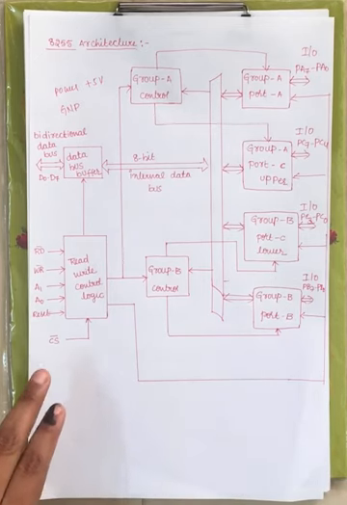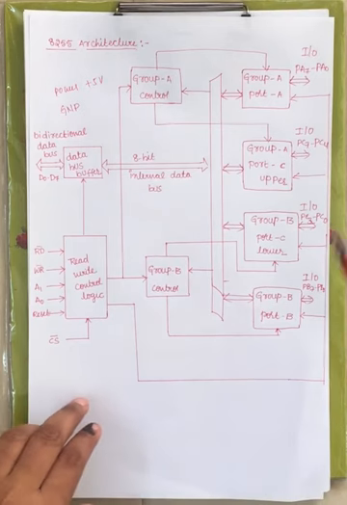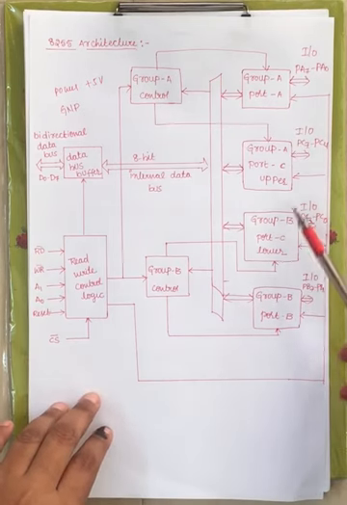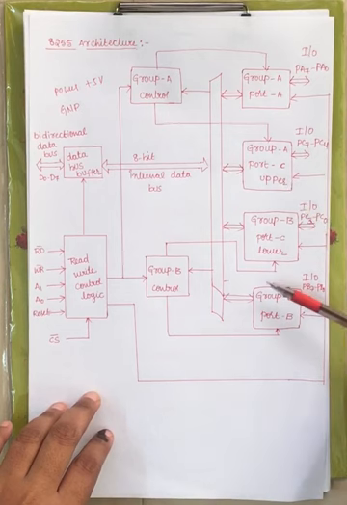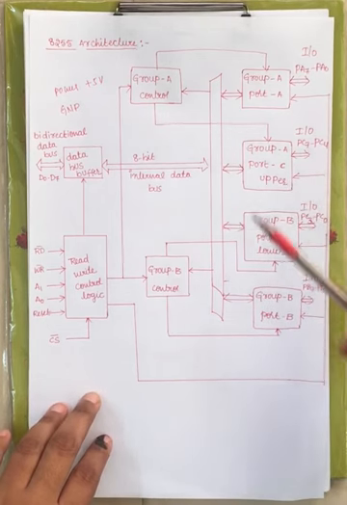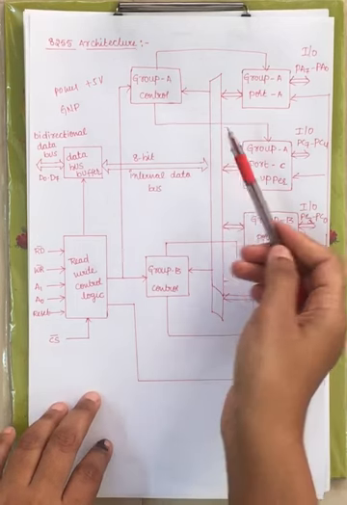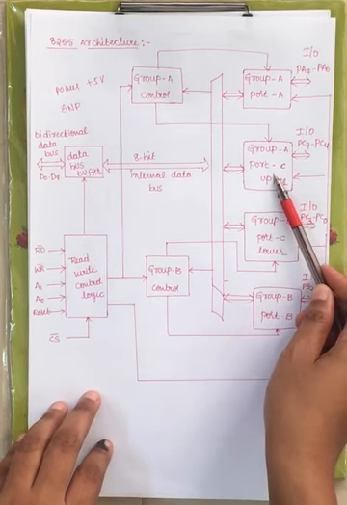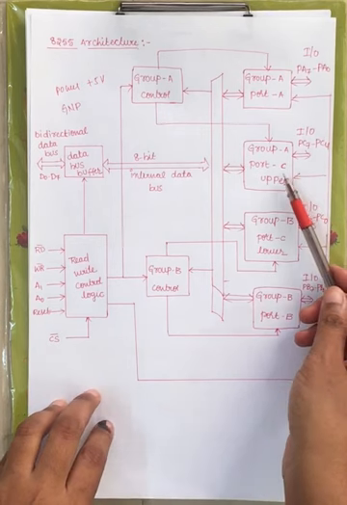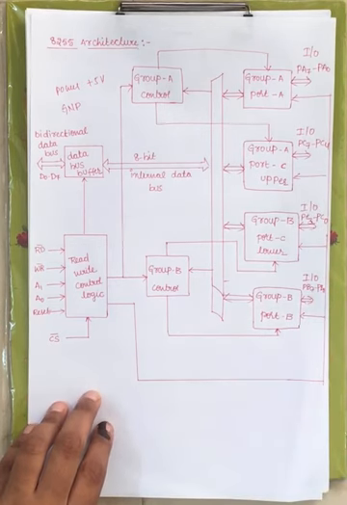Now as I have said, it contains 3 ports: port A, port B, and port C upper and port C lower.